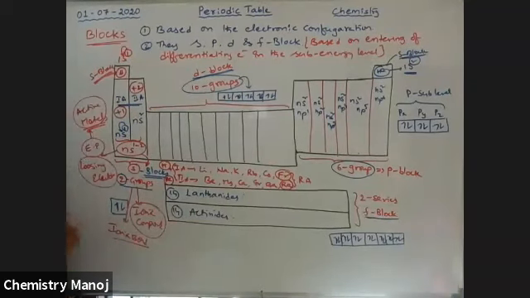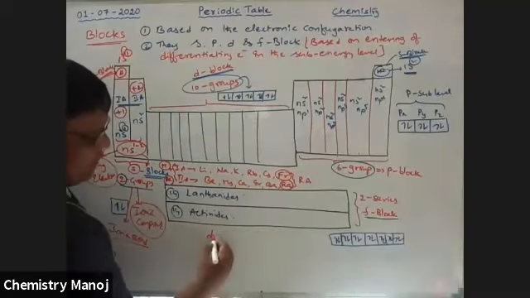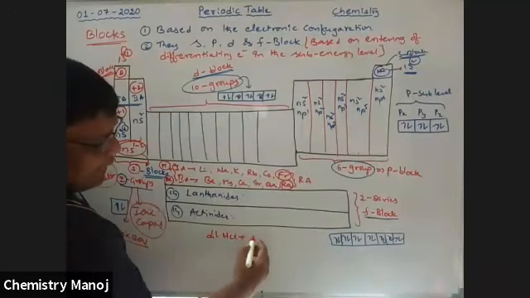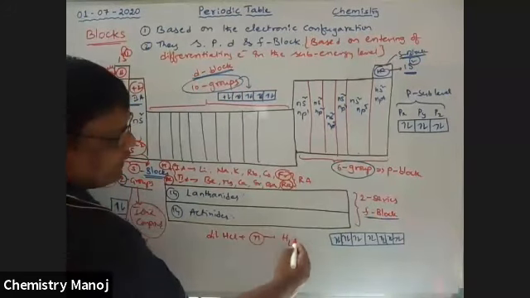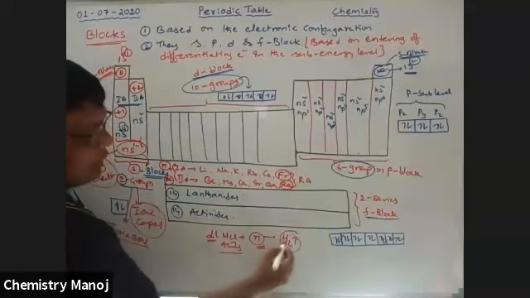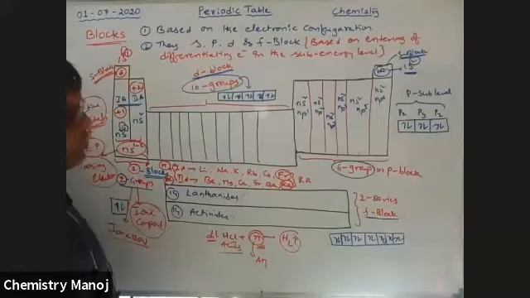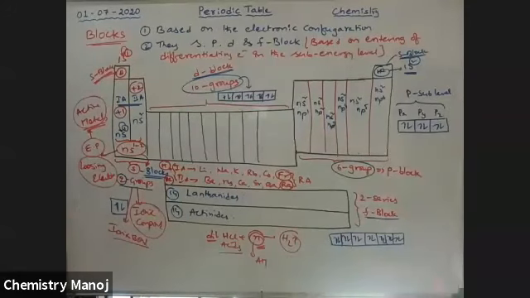Why are they called active metals? When a metal reacts with dilute acid, for example dilute HCl, and liberates hydrogen gas, that metal is called an active metal. So most of the S block elements are active metals.